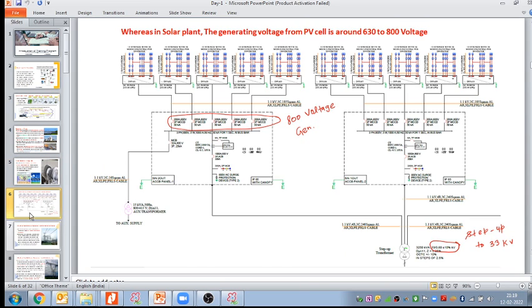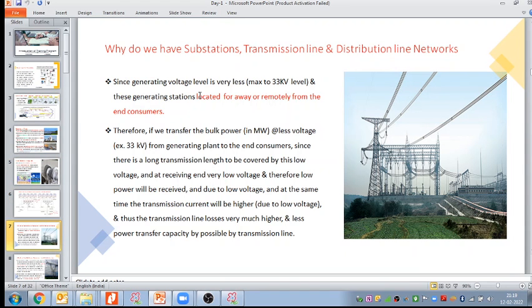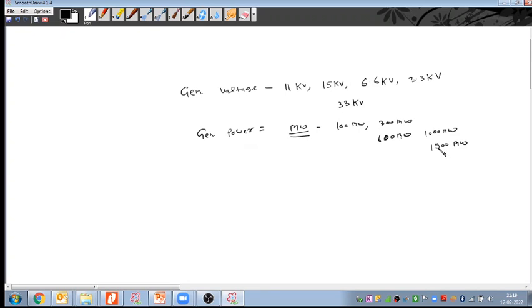Now the second problem is that we cannot transmit this much high power at such a low voltage. What are the limitations if we transmit here? If we provide low voltage in the transmission system, more voltage drop will occur in the transmission system.